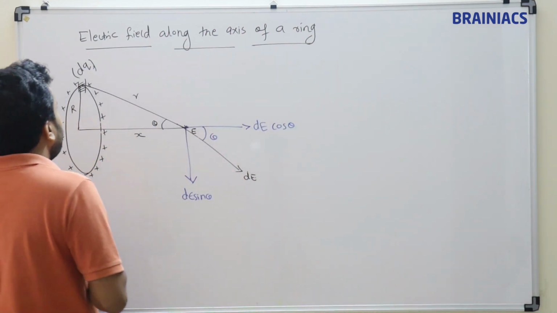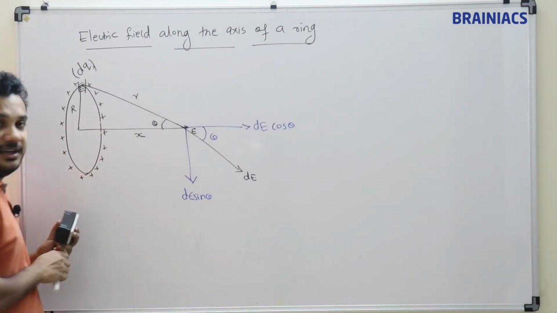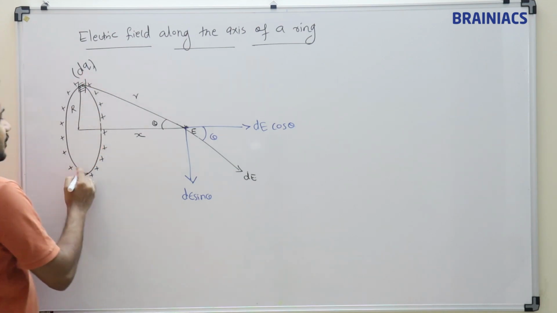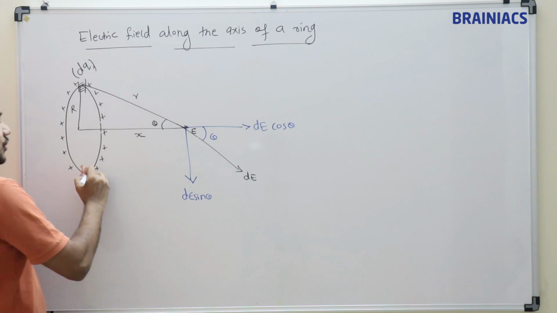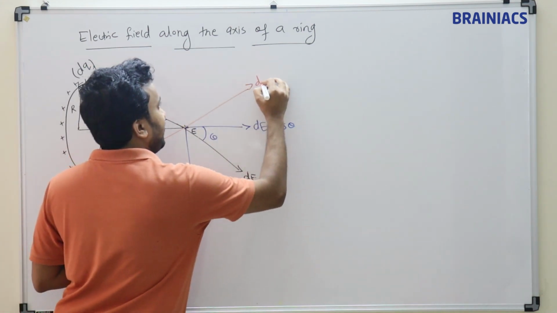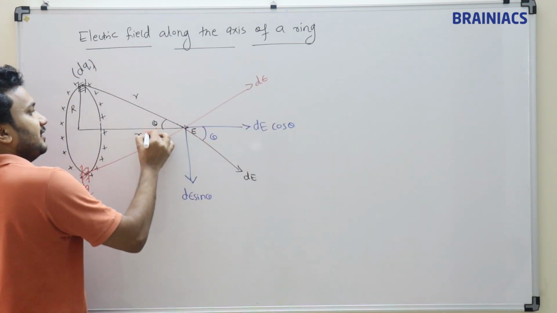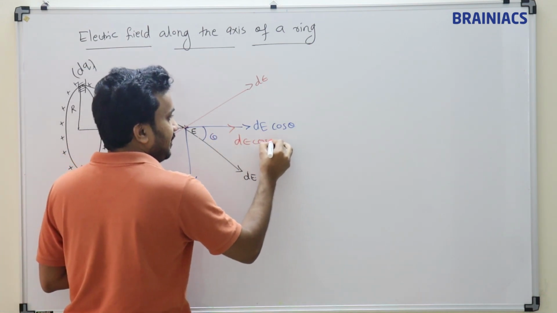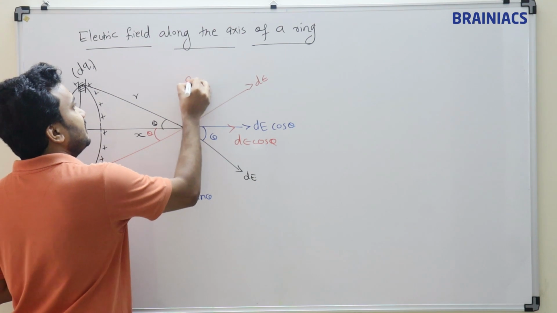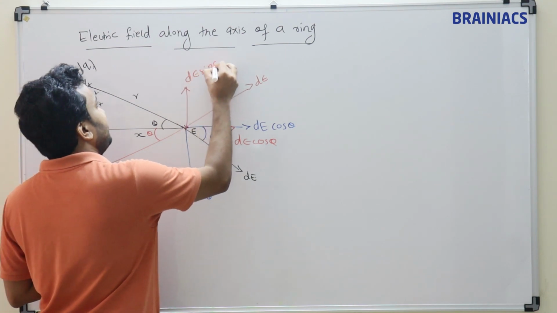Here you also have a provision to take another dq, and this dq will also create an electric field dE like this. This angle is also theta, so this component is dE cos theta, and this component is dE sin theta.